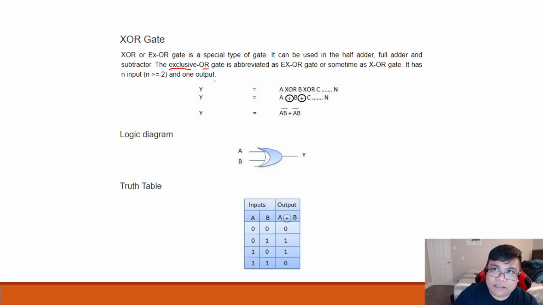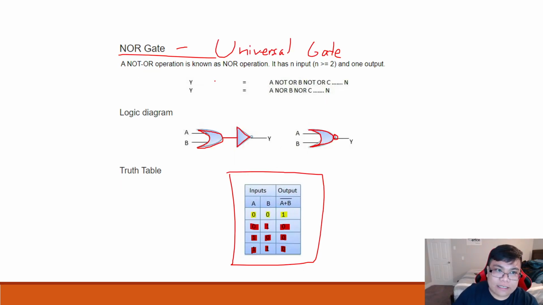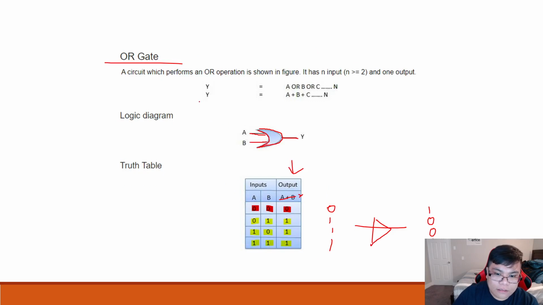So let's remind ourselves what the truth table of the OR gate looks like. I'm going to go back a few slides. The OR gate looks like this. It's 0, 1, 1, 1. Now, the way that exclusive OR works, we're only going to make one change. We don't want XOR to return true if both A and B were true because it's exclusive. We only want one of the two inputs to be true, right?